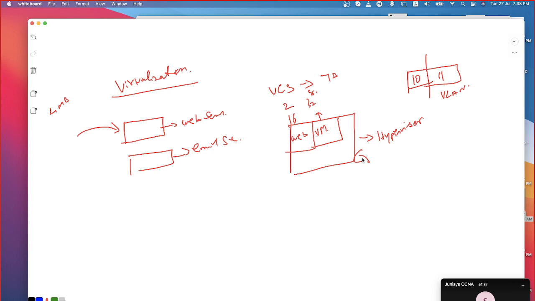So the hypervisor helps us to virtualize the machines. But my point is, each and every virtual machine can have a different operating system on it, like a physical server. If I have one physical server, I can have Windows on it. On the other machine, I can go for Linux. On another server, I can go for CentOS.